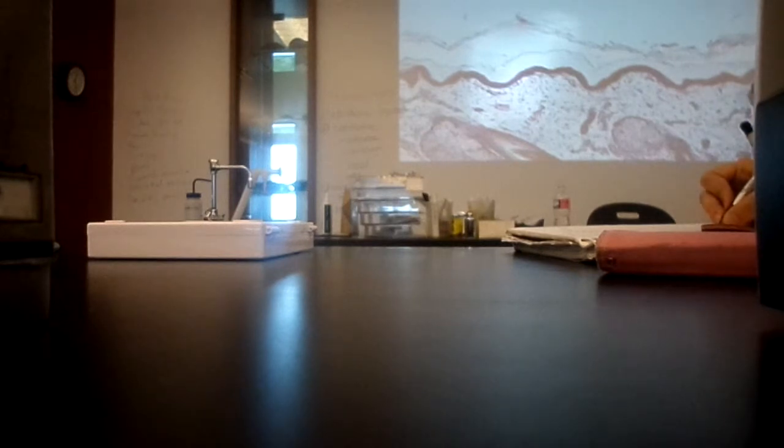The bottom layer down here that is regrowing the cells is the stratum basale. And that's just that dark, thick line. This is actually multiple layers. I'm actually pointing to the lowest of the base layer, the very lowest layer.